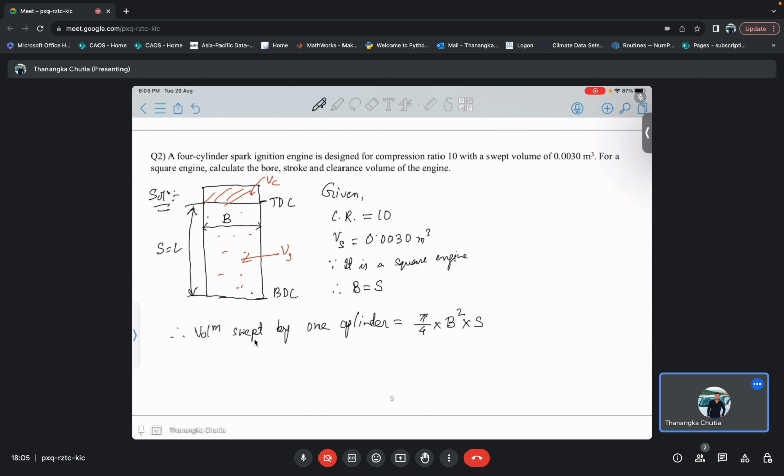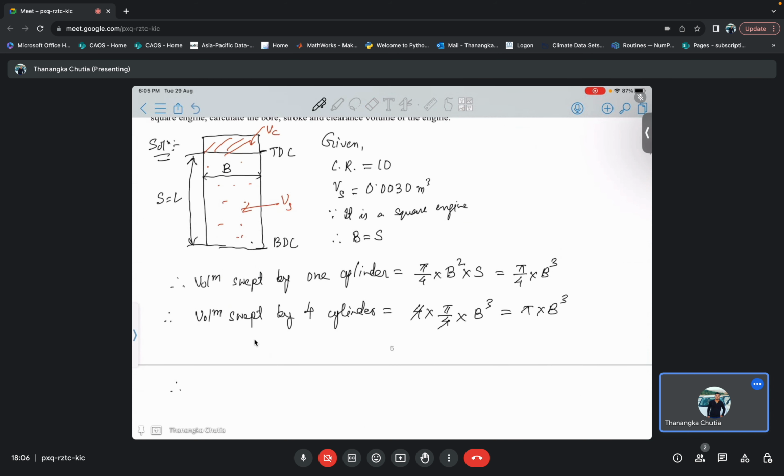Therefore volume swept by 4 cylinders can be written as 4 into pi by 4 times b cube, since S is equal to b. So this I can write as pi into b cube. This is the volume swept by 4 cylinders.